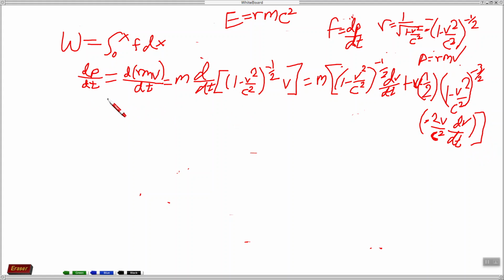Which equals m. So I'm going to take the dv over dt out because there is dv over dt in the previous equation.